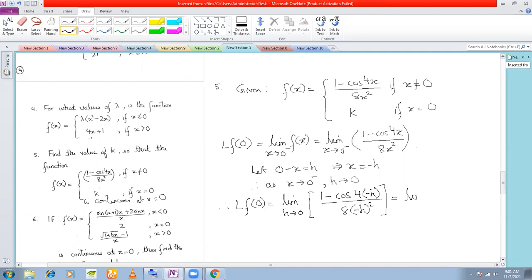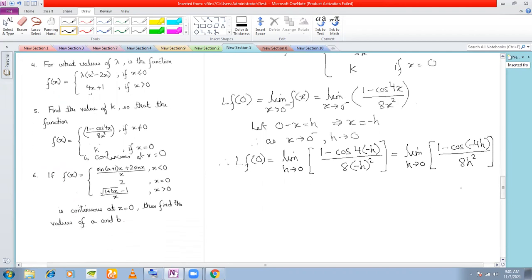So this is limit h tends to 0, 1 minus cos of minus 4h divided by 8h square, which is equal to limit h tends to 0. Because cos absorbs the negative sign, we are simply left with 1 minus cos 4h divided by 8h square.